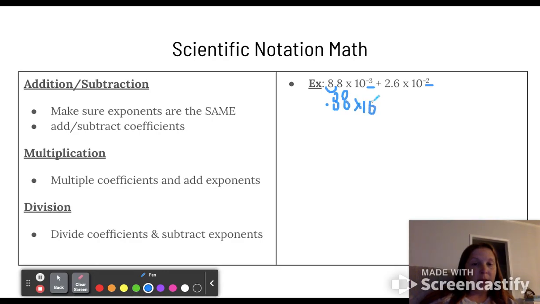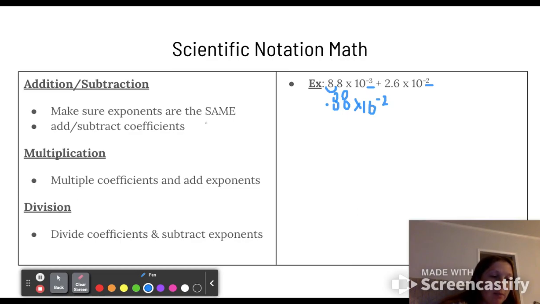Because since it's a negative exponent, when you move it more towards the negative side, you're adding to that exponent. So we fixed that. So now all you have to do is add up your coefficients.